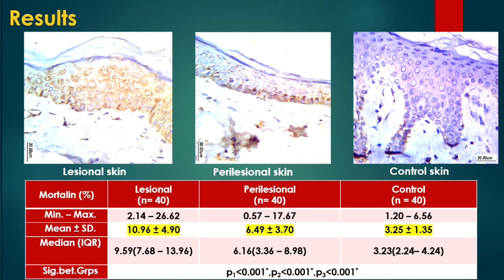As for the immunohistochemistry, the level of expression of Mortalin expressed as the percentage of the area stained among lesional, perilesional, and control skin groups.